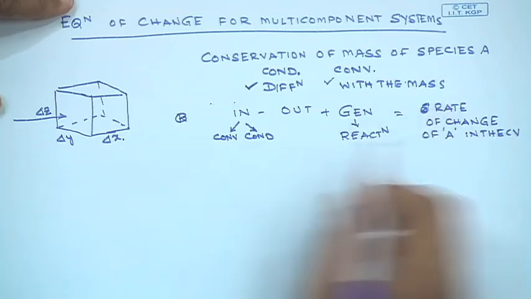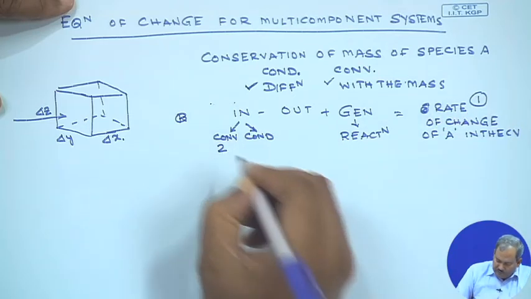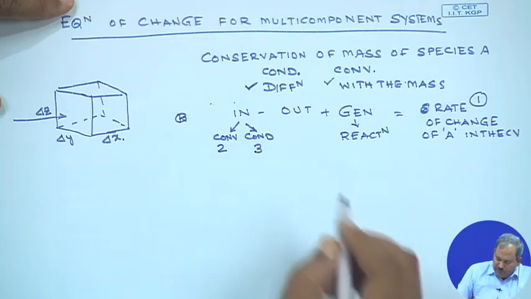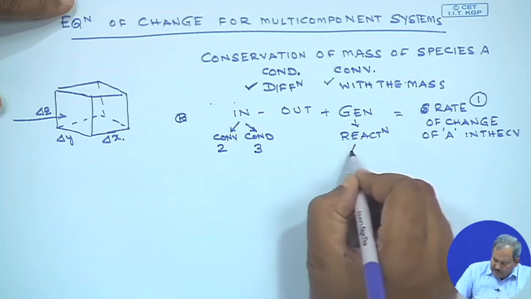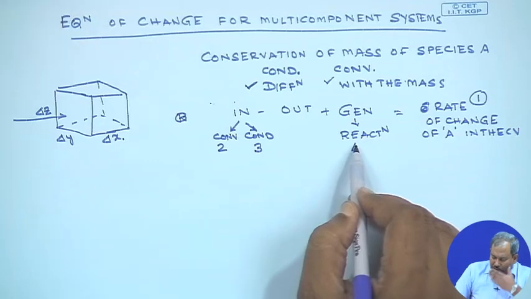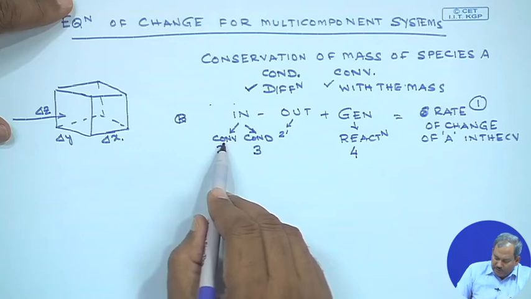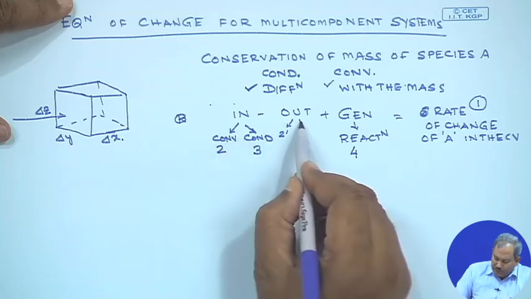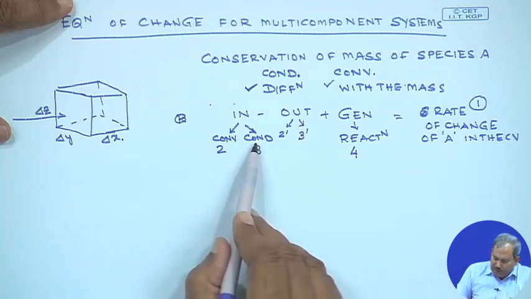So, we are going to do this. First, let us call it 1; this is 2, which is in by convection; this is 3, which is in by conduction; and this is 4, which is the rate at which A gets converted into other products. And for this I have a 2 prime, which would be the rate of convective transport of A out of the control volume, and there would be a 3 prime, which is going to be the rate of conduction of A out of the control volume.